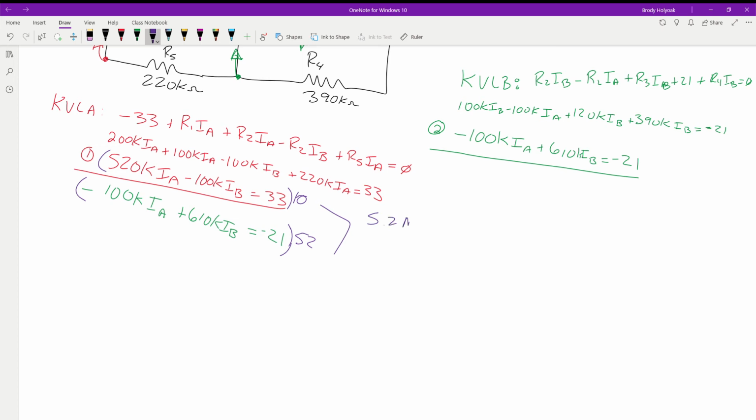So we end up with 5.2 meg IA minus 1 meg IB is equal to 330. Anybody have any issues with those conversions? Okay. This one becomes a positive 2.1 meg IA. Oh yeah, we are. I was looking at these two numbers.